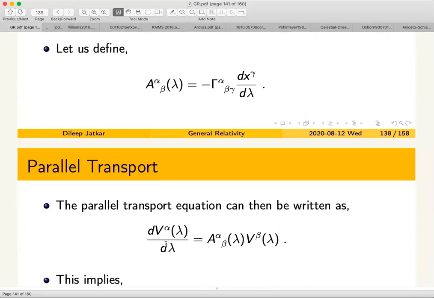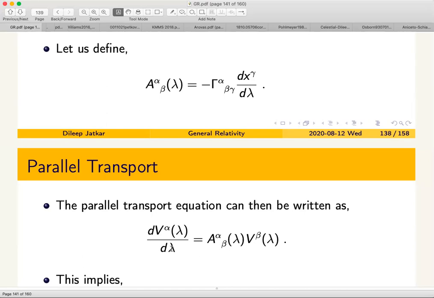But this differential equation has a property: you have a v lambda sitting here, v lambda sitting here also. If you try to bring v lambda down and do an integration, the problem is that v is also a function of lambda. So when you do a lambda integration on the other side, you cannot take v out of that integral.